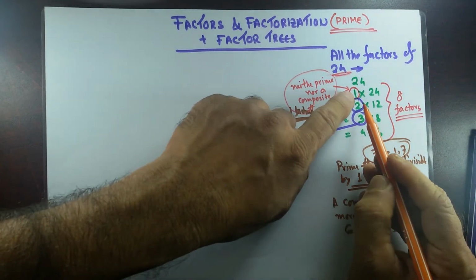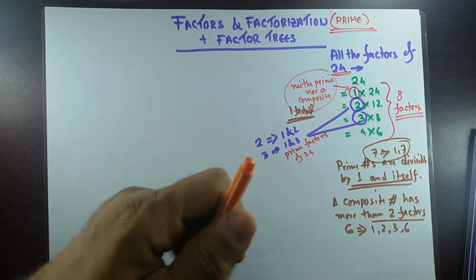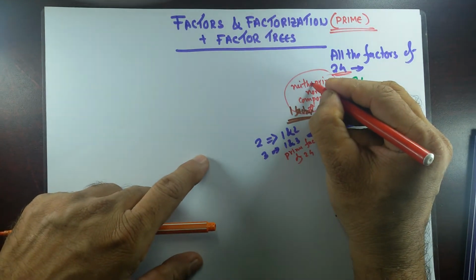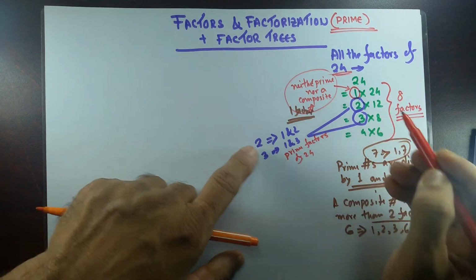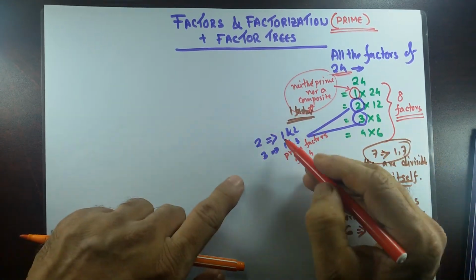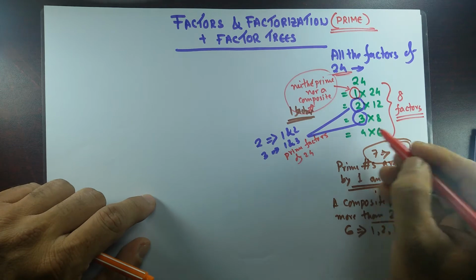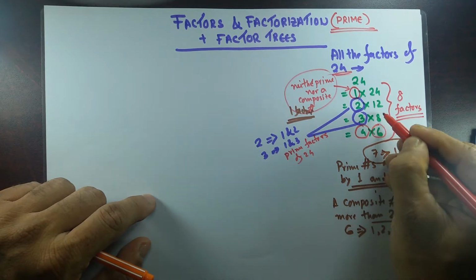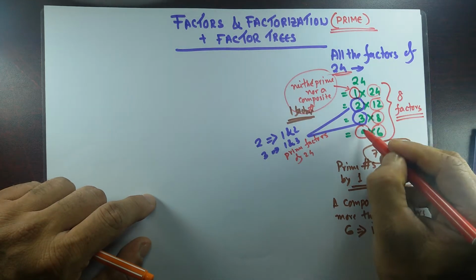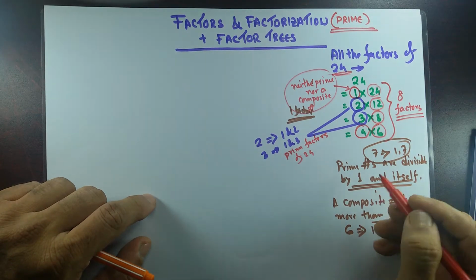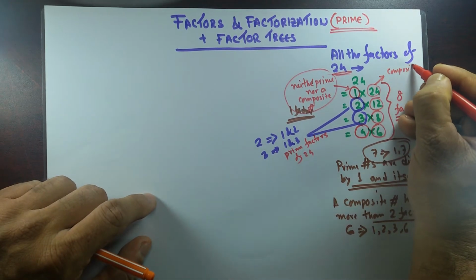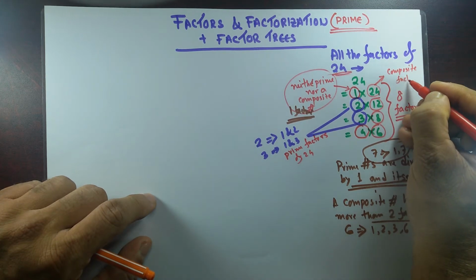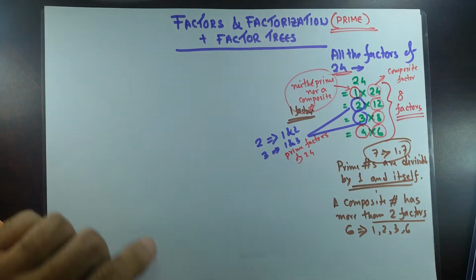Out of 8, 1 I found is neither prime nor a composite number or factor. 2 and 3 are prime factors. But these 5, 4, 6, 8, 12, and 24, are composite factors. Each of them has more than 2 factors.